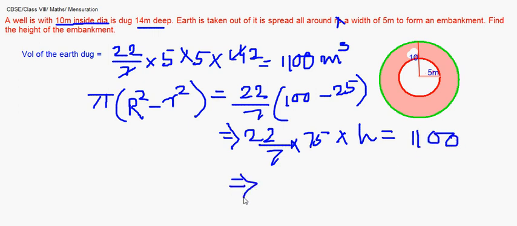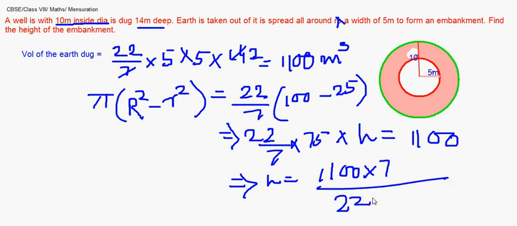So h will be 1100 multiplied by 7 divided by 22 into 75. I think if we solve this, I'm getting this as 4.66 meter. That is the height of the embankment which has been formed out of the mud dug from this well. So the volume of this area equals the volume of this area.